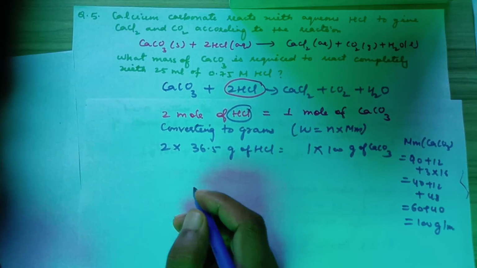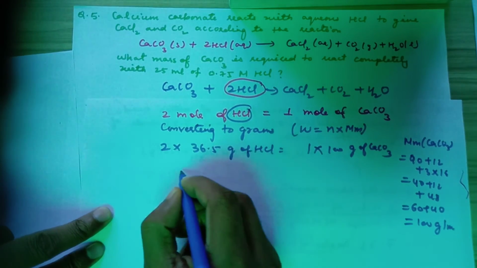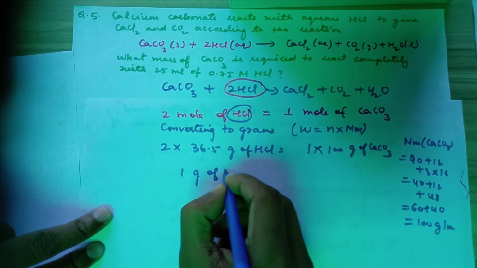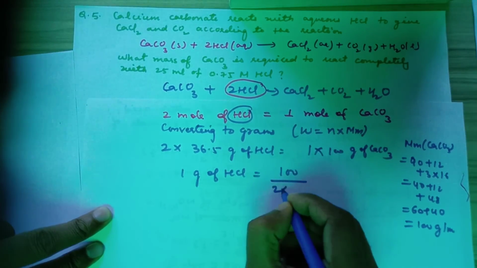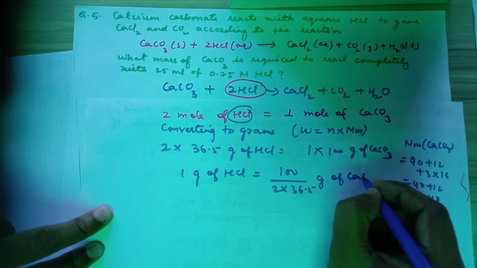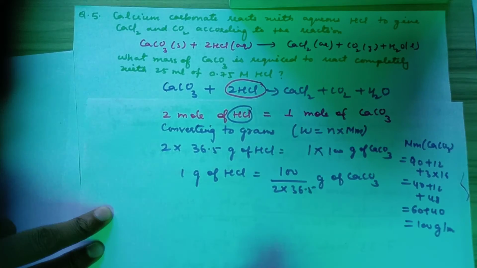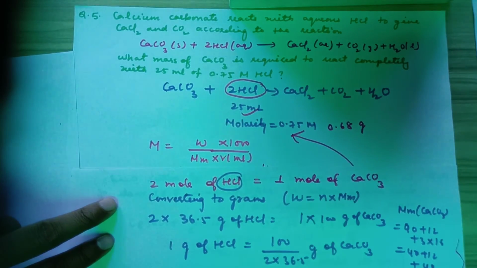Now we can say that 1 gram of HCl will give 100 upon 2 into 36.5 gram of CaCO3. Now we have to find it for 0.68 gram.